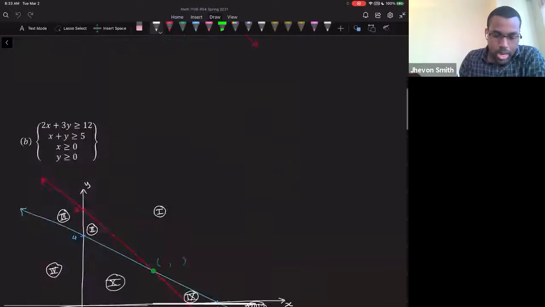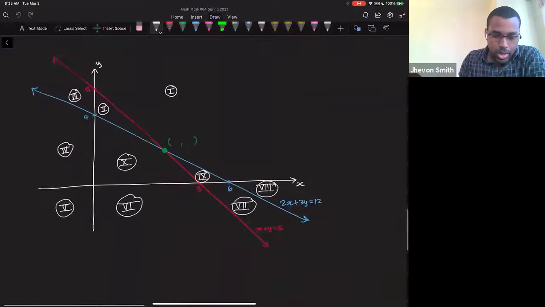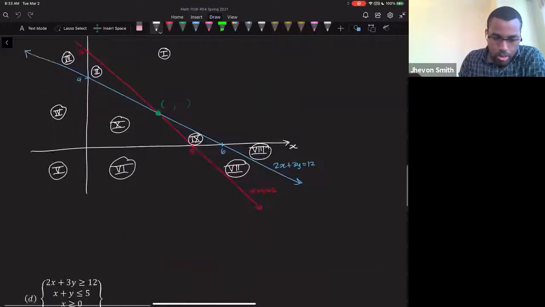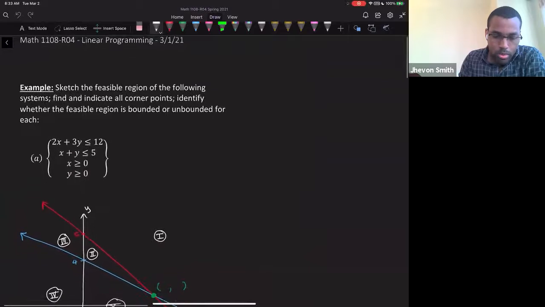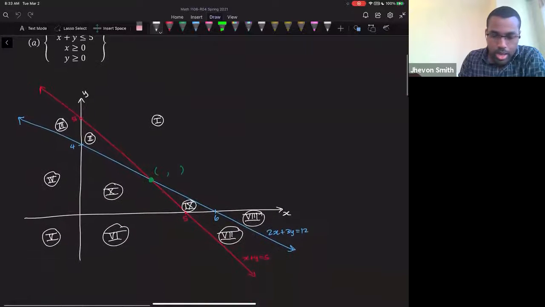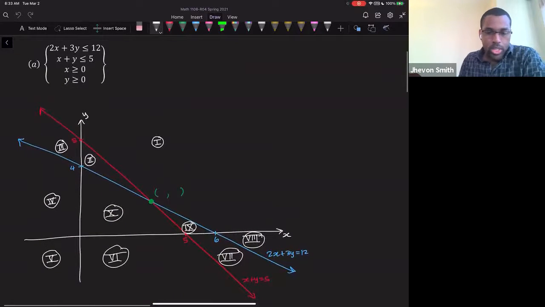We had A, B, C, D, and E, and they're all very similar in terms of the lines that were drawn, but the inequalities were changed for each of them. I put you into groups to figure these out.